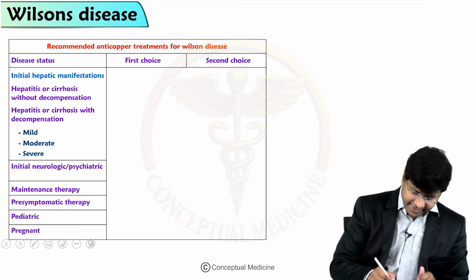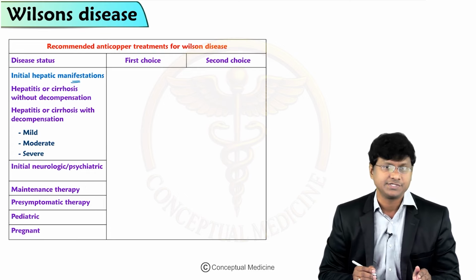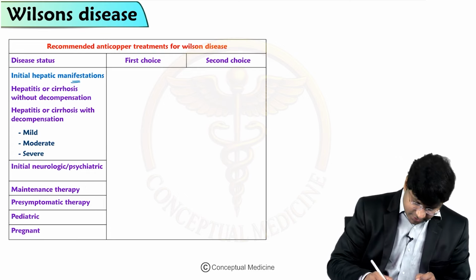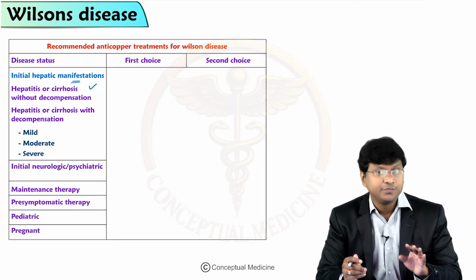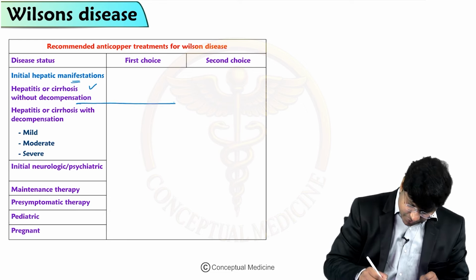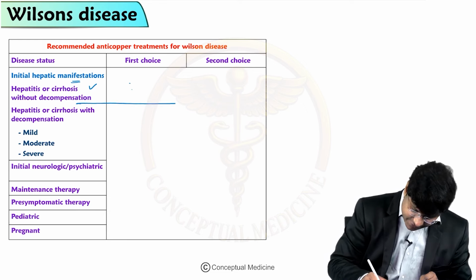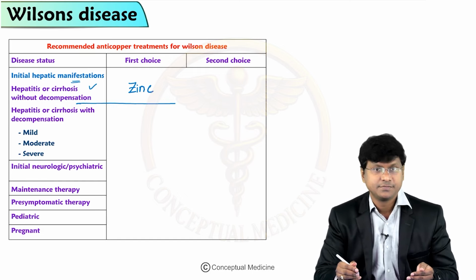So, for example, if the individual has initial hepatic manifestations, right, or if the individual is having hepatitis or cirrhosis without decompensation, in this scenario, you need to give zinc as a first choice.